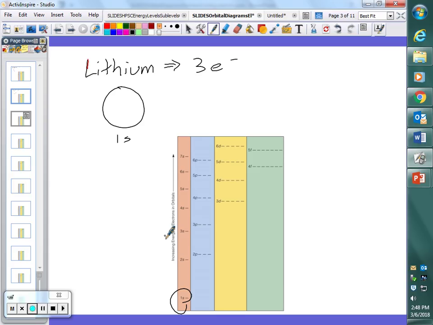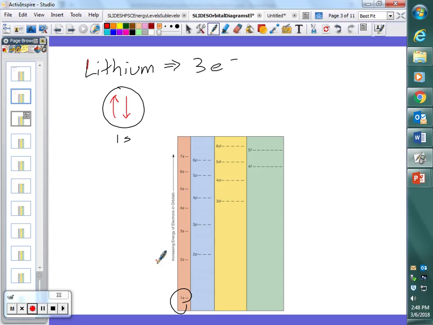What do we know about the 1s orbital and its capacity? Well, how many electrons can an orbital hold? 2. So I'm going to draw one up arrow, and then one down arrow to distinguish those two electrons from each other. Is this orbital full?